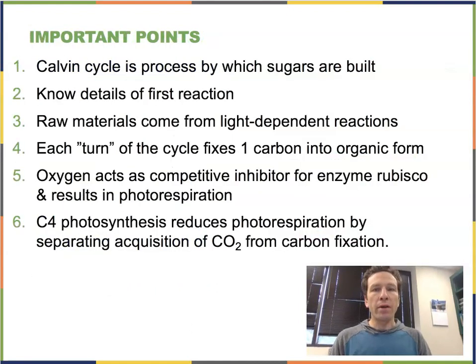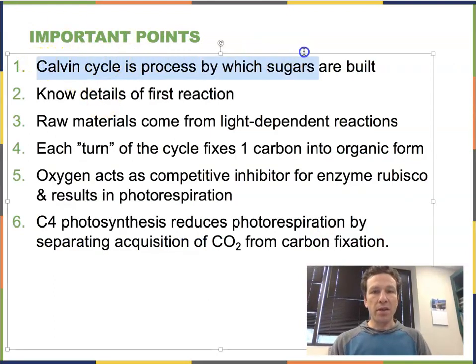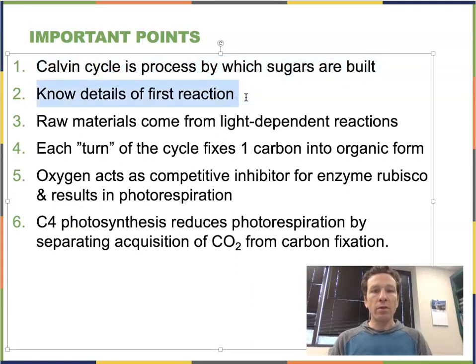Let's just remind ourselves of some important points. First, the Calvin cycle is the process at the end of photosynthesis where we actually build G3P, which can be used to make sugar. Second, I tell my students they need to know the details of that first reaction in the Calvin cycle. The rest of it, they just need to have a conceptual understanding at the level I talked about here.